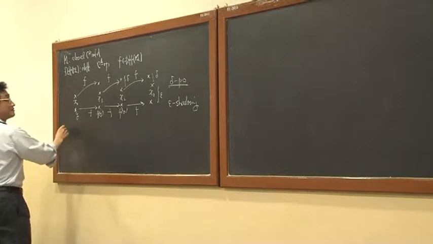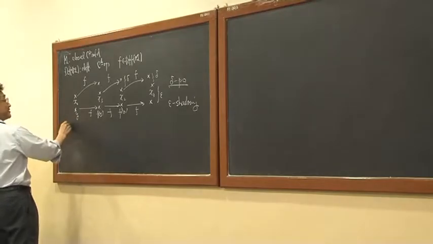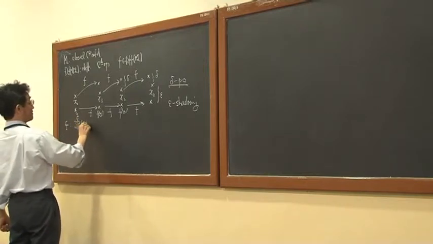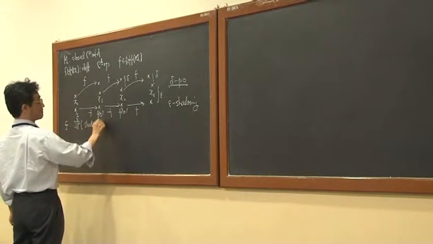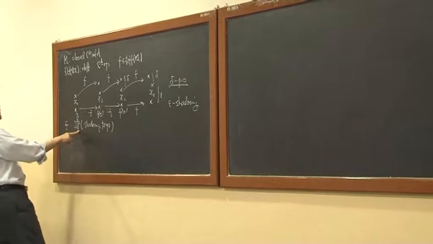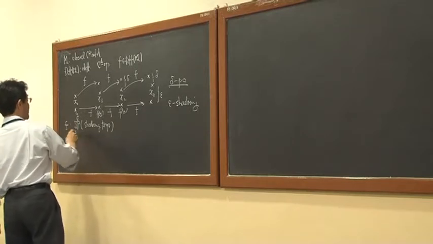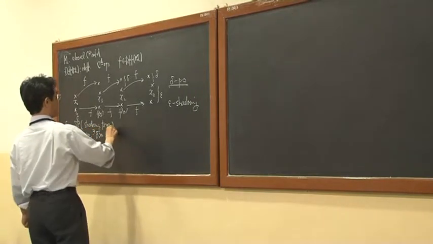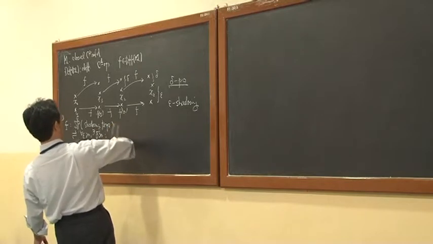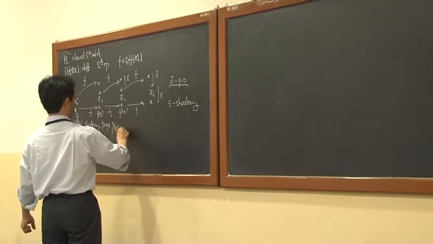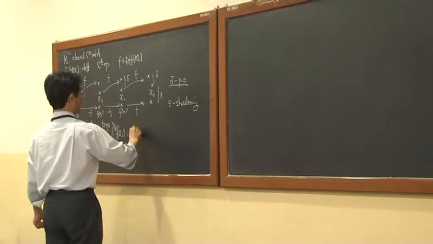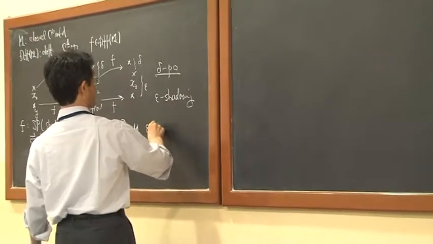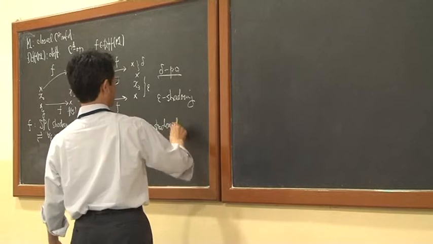Let me give a more precise definition. f has the shadowing property, this is the abbreviation, if and only if for any epsilon there is delta so that any delta pseudo-orbit can be epsilon shadowed by some point.